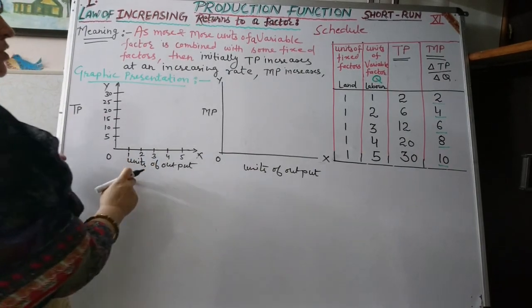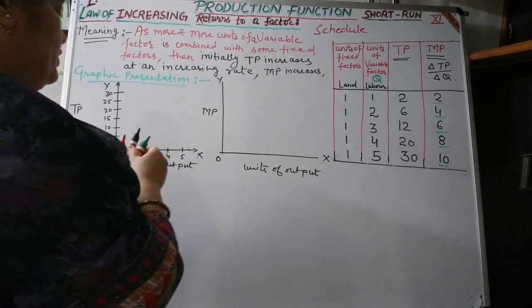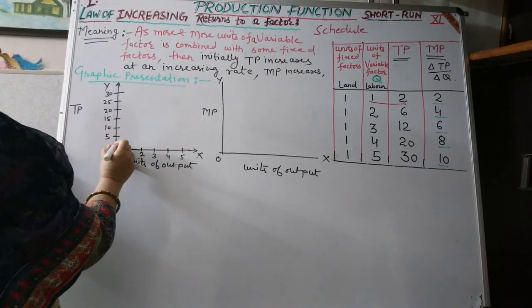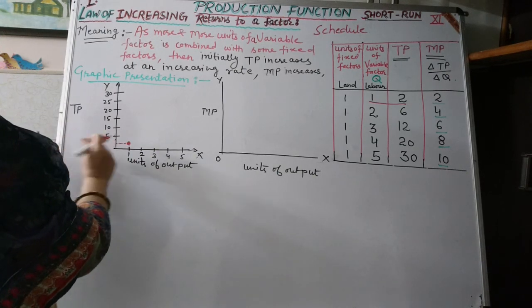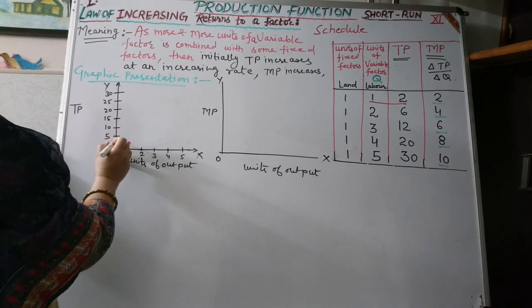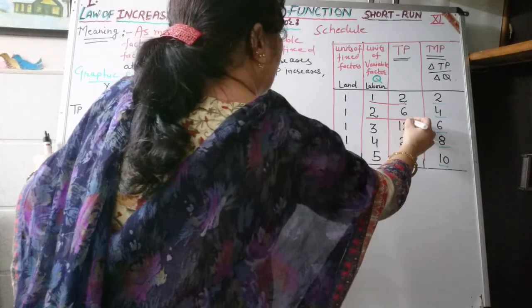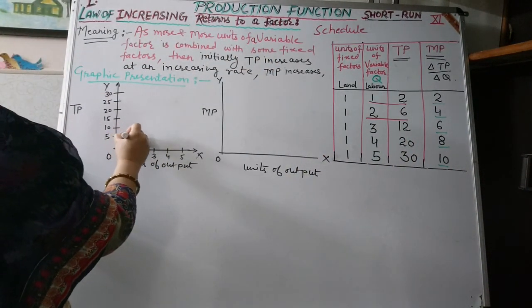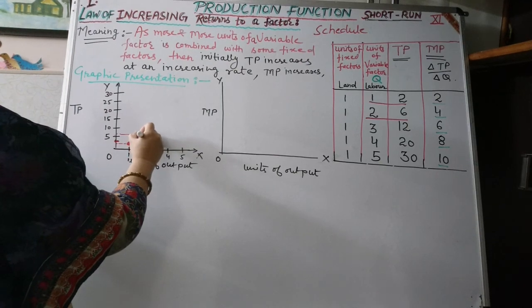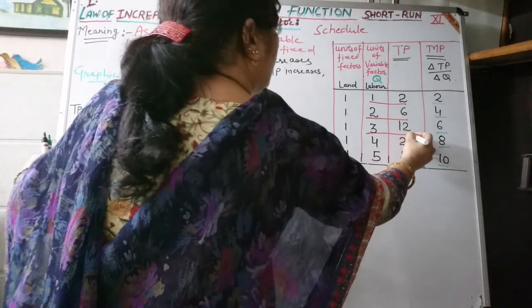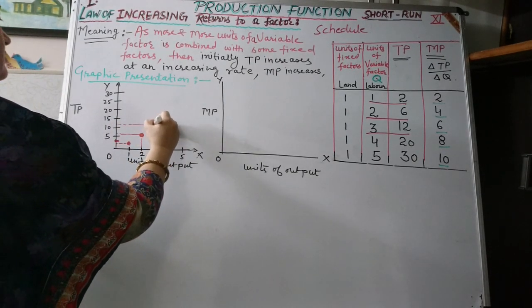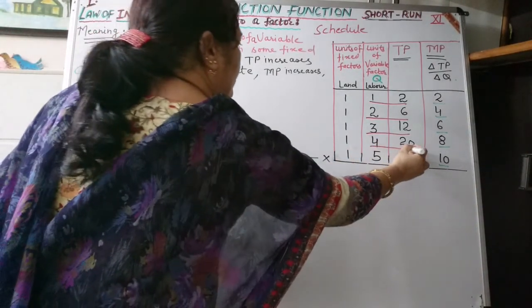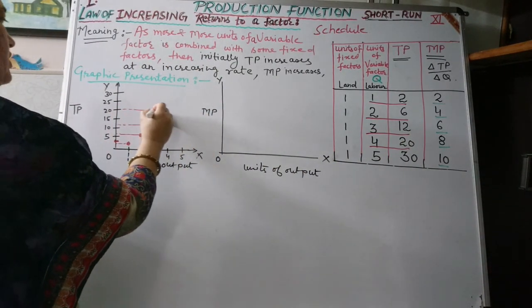So let us first of all prepare total production. At the first unit of output, TP is 2. Then at the second unit of output, TP is 6. Then at the third unit of output, total production is 12. At the fourth unit of output, total production is 20.